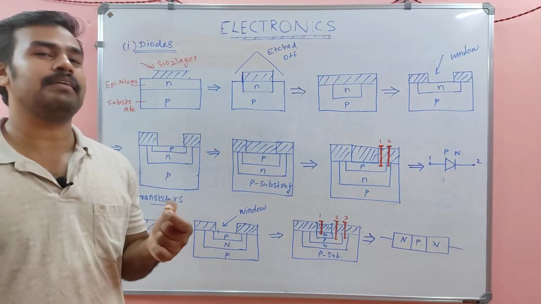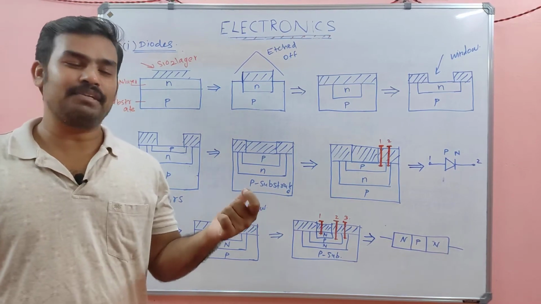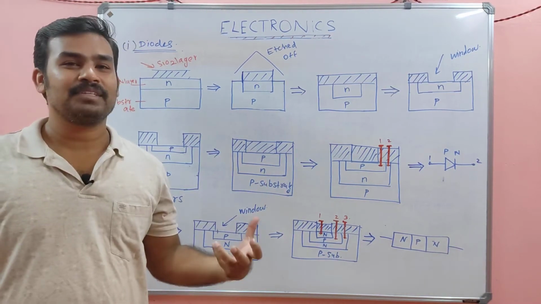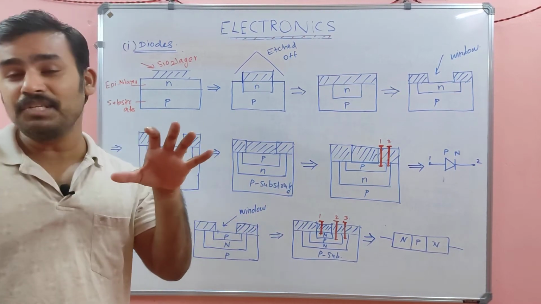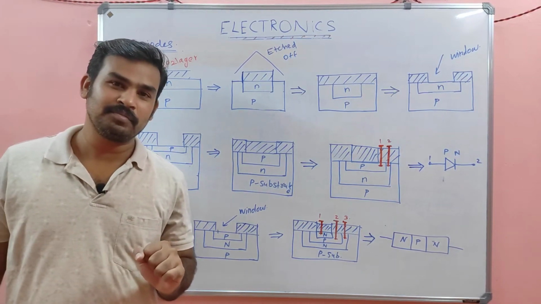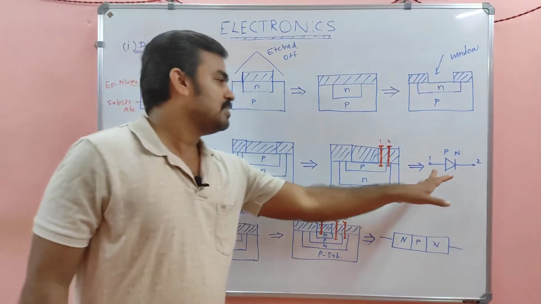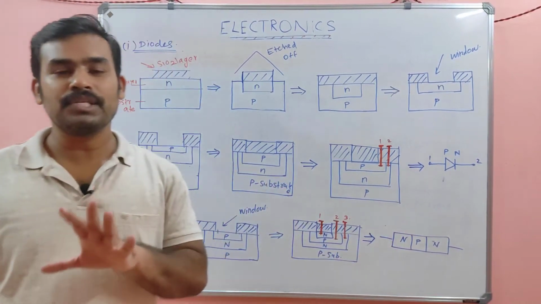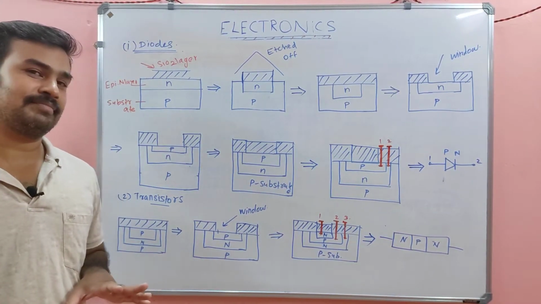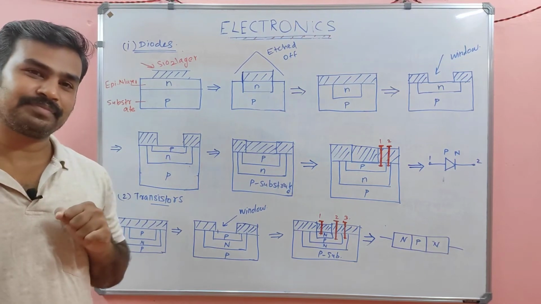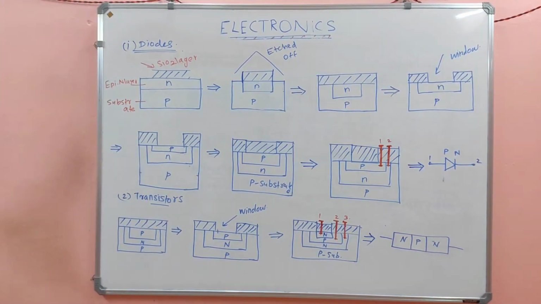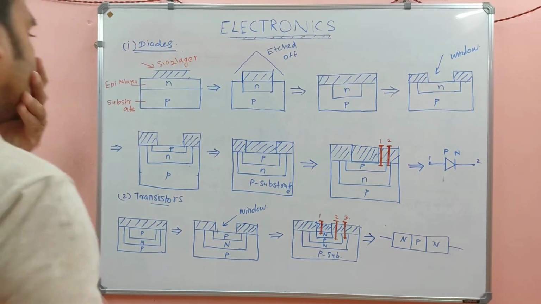That's all. It is a very low cost, right? A very cheap construction, right? That's why ICs are very famous nowadays. So this is how we created a PN junction diode. Is it clear, my dears? Do you have any doubt here?